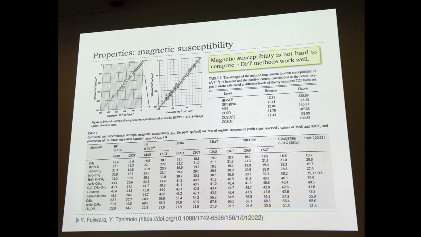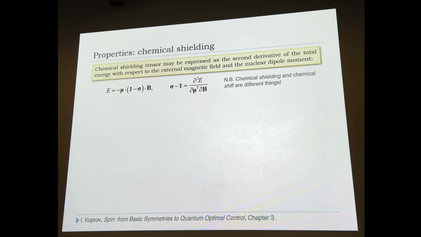Right, it's pretty far from the experiment, but GIAOs, even for Hartree-Fock, are actually pretty close. This column is not too far from that column, and if you add the extra polarization functions, it improves. You go to B3LYP in DFT or other hybrid functionals. That's actually pretty close to here, and magnetic susceptibility is an easy property, unless you've got some eccentric electronic configuration like the one we've got in ozone.